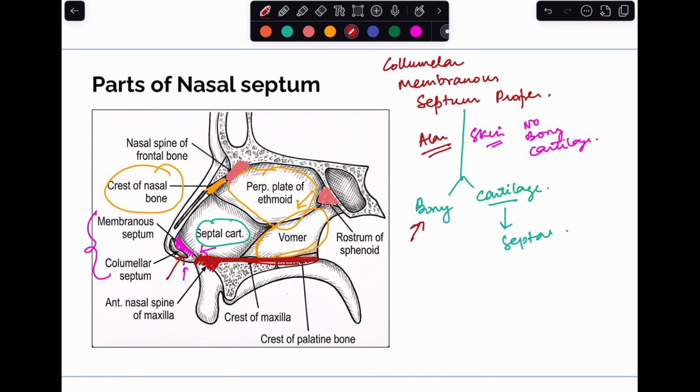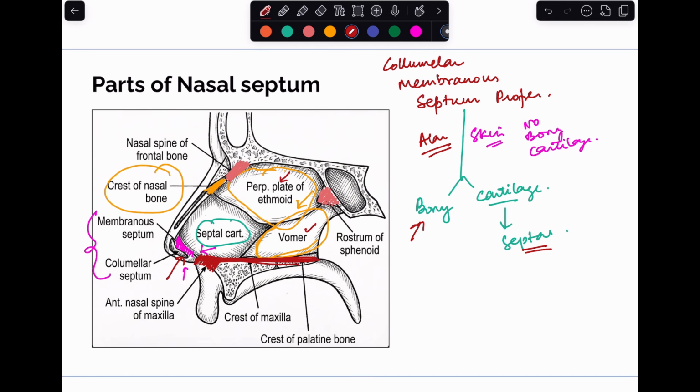If I had to recap right now, the different parts of the nasal septum are the columellar septum, membranous septum, and septum proper. Septum proper in itself can be divided into bony part and cartilaginous part. The cartilaginous part involves the septal cartilage. The bony part has major and minor contributions. Major contributions are by the perpendicular plate of the ethmoid and the vomer.